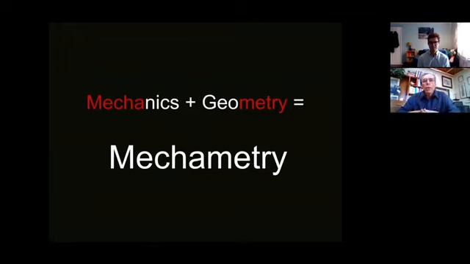And therefore, when I teach my lessons, I introduced a new subject called mechametry. Mechametry is a mixture of mechanics and geometry. And with this term, I always try to teach the students both fields together. Not just geometry, not just mechanics, but mechanics and geometry.